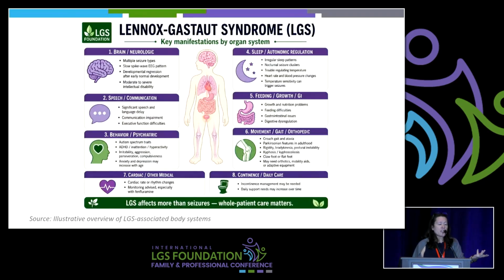This is actually a more accurate clinical picture of what happens in LGS when you search the literature. You've got the brain and neurological, and this is very much in medical speak. Then you've got speech and communication difficulties, behaviors and psychiatric issues, cardiac issues, sleep issues, feeding issues, movement and gait issues, continence, incontinence, and daily care issues across this, right?